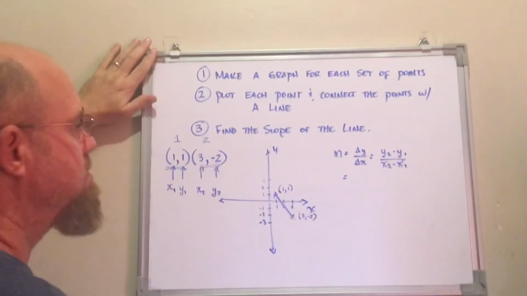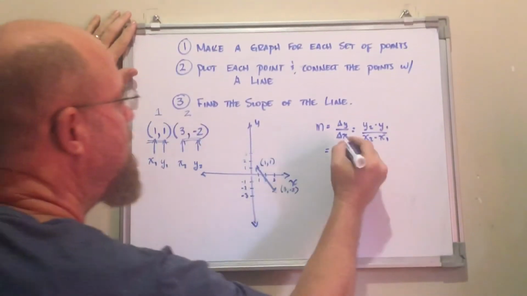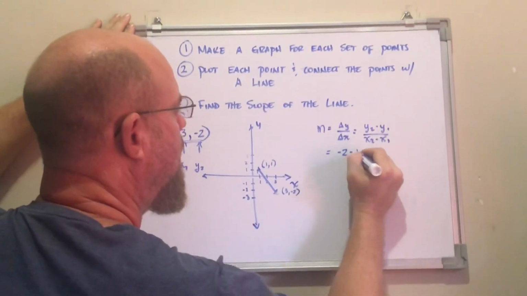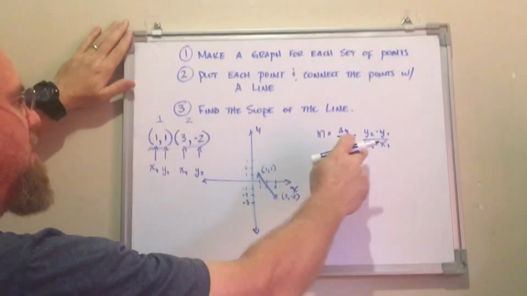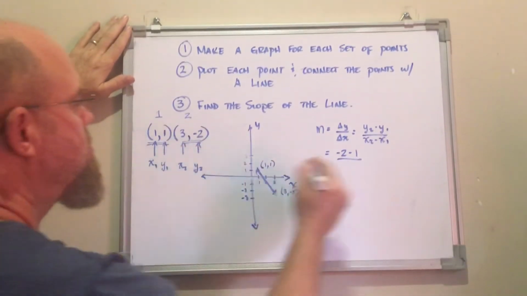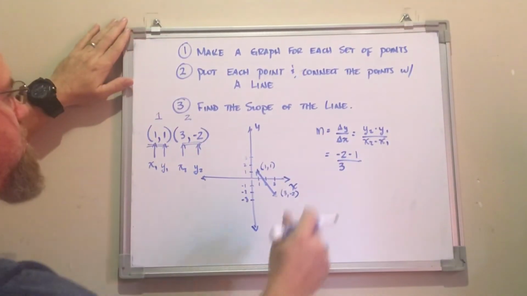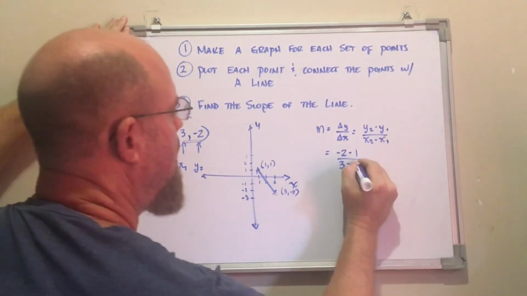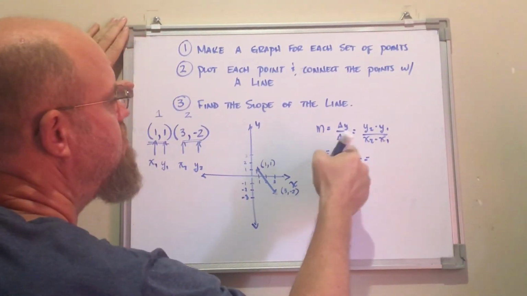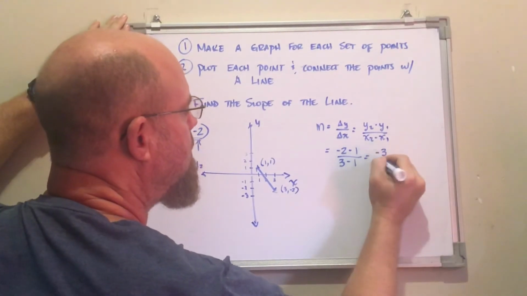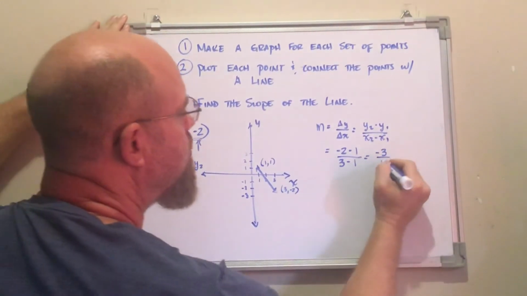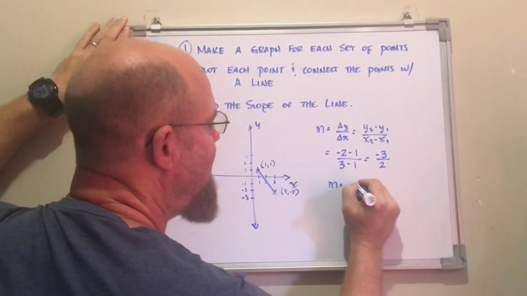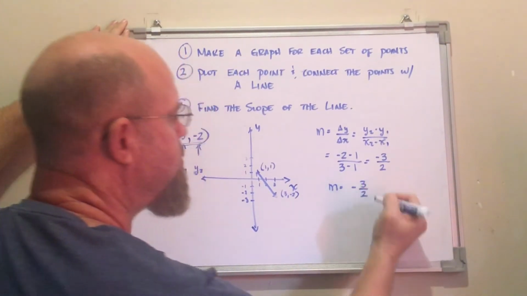So that equals y2, negative 2, minus y1, 1. And then we have x2. x2 is 3, minus x1 is 1. So -2 minus 1 equals negative 3. 3 minus 1 equals 2. So my slope equals negative 3 over 2.